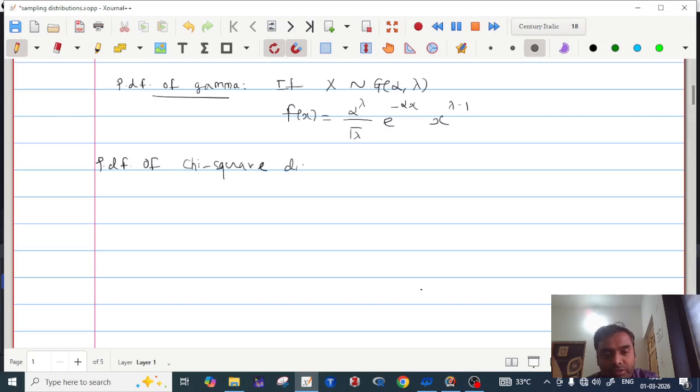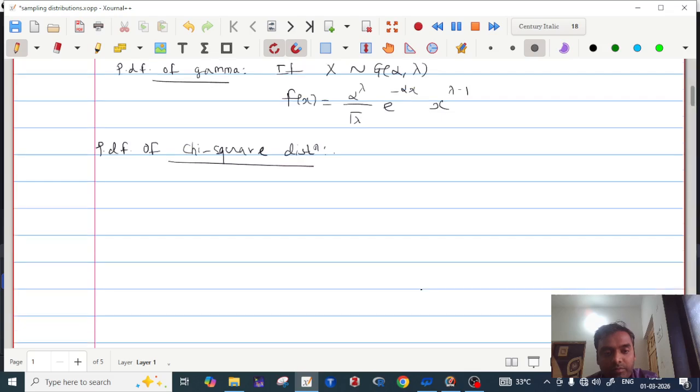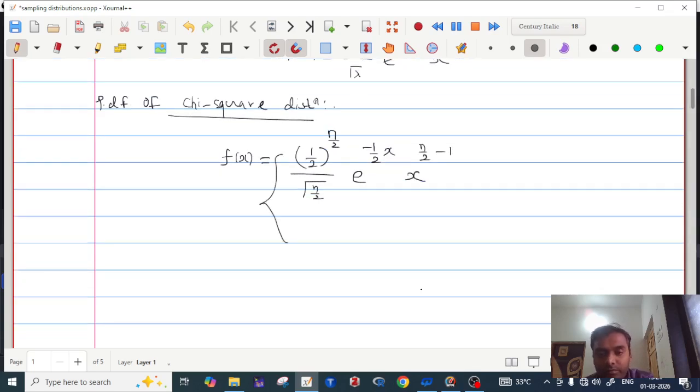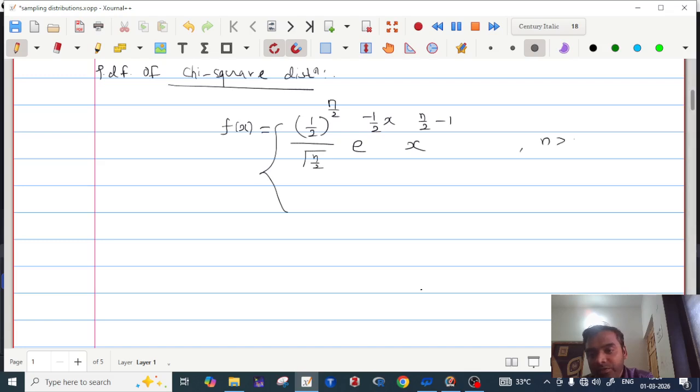So the PDF of the chi-square distribution is f of x, with alpha replaced by 1 by 2, e raised to minus x by 2, x raised to n by 2 minus 1, where n is positive and x is greater than 0.